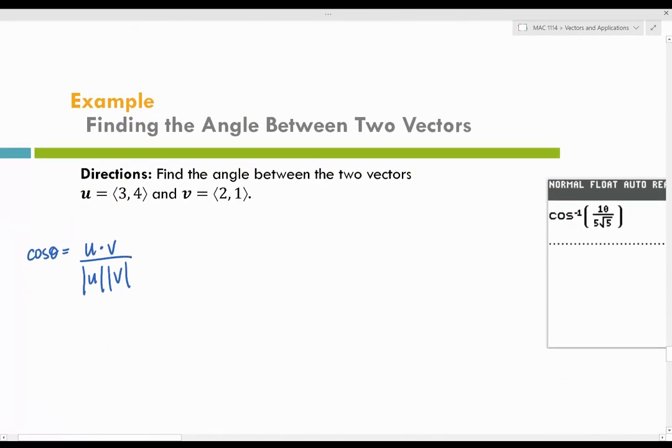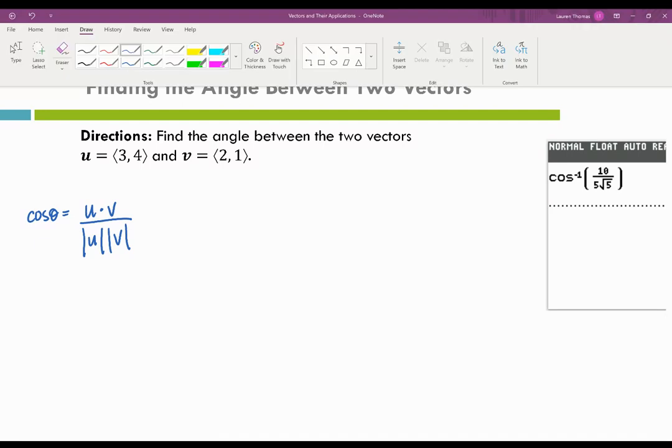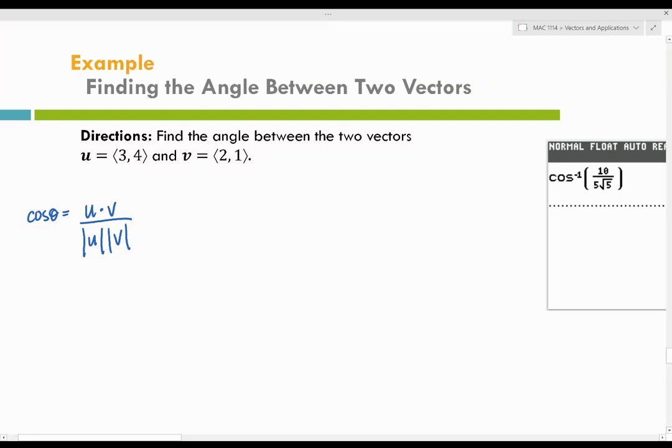The directions say find the angle between the two vectors u and v. The formula above says if we want to find the angle that falls between those two vectors, we use cosine theta equals u dot v over the magnitude of u times the magnitude of v. Anytime I'm using this formula, I find the individual parts and plug them into the formula. It makes the work a lot neater.